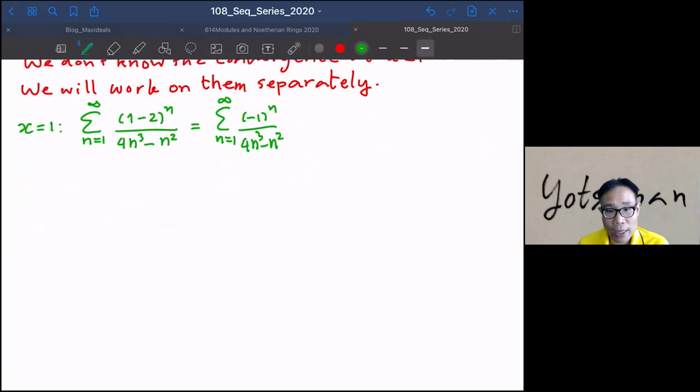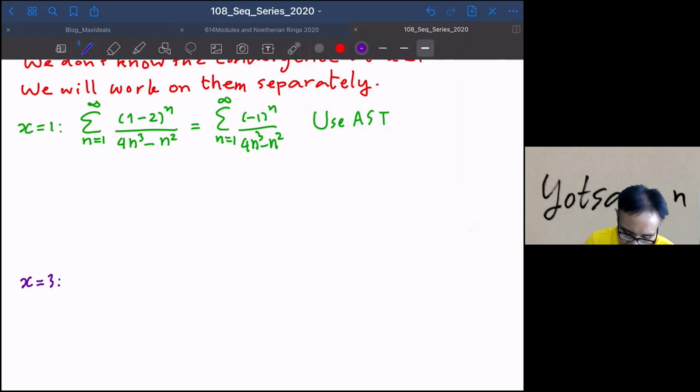And you see that we shall use the alternating series test in order to test whether this is convergent or divergent. So you may use AST. However, we're going to do x equal to 3 first.